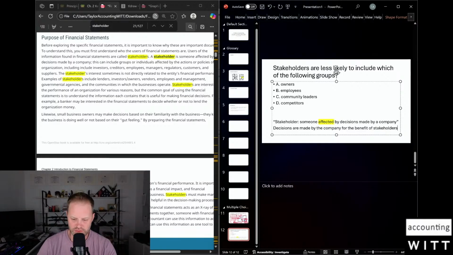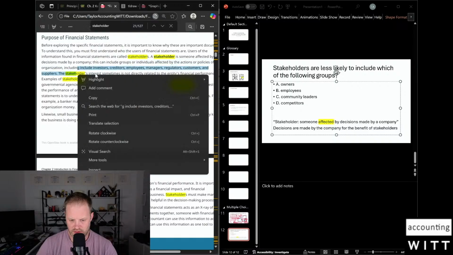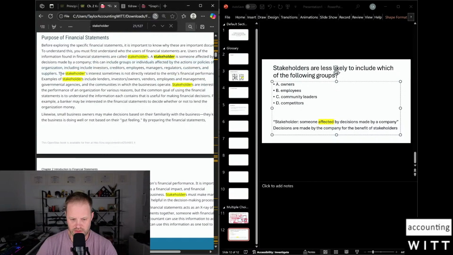Is that true? The stakeholders' interest.